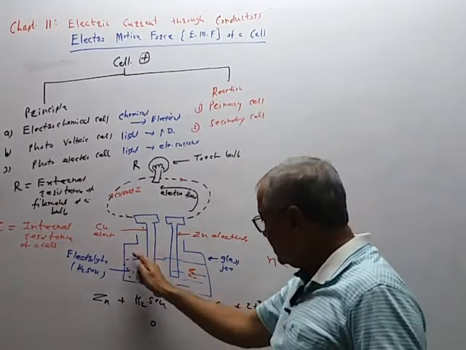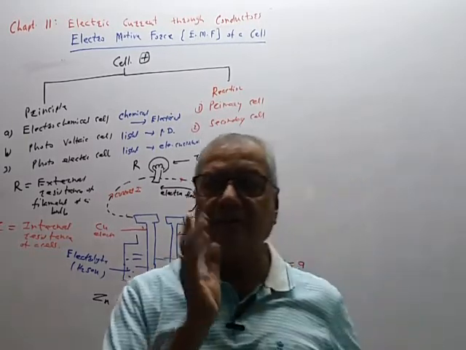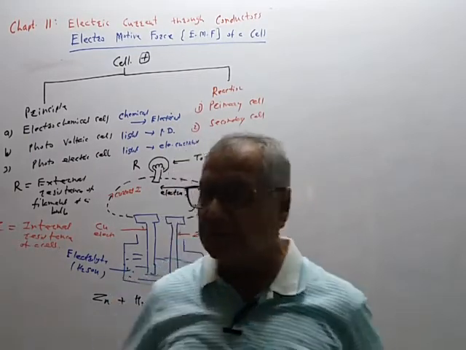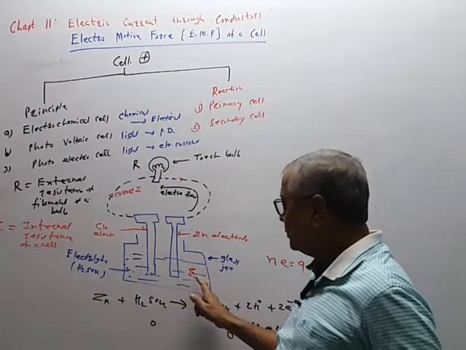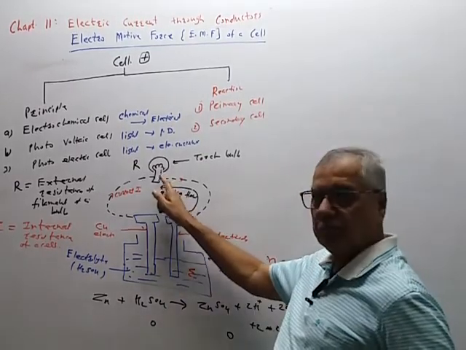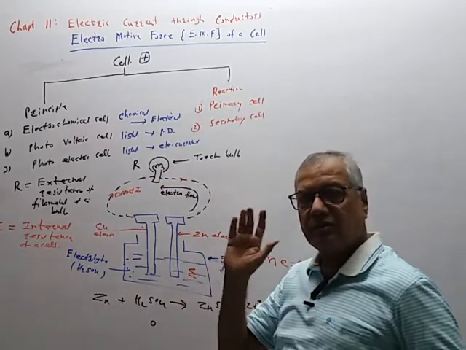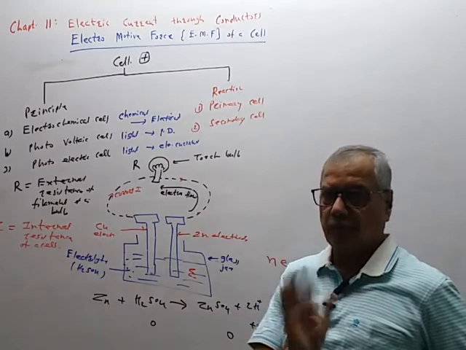So when the electron flows through this material of the cell, again there is opposition. The opposition is slightly less than here. This opposition by the material of the cell is very small, but it is not zero.